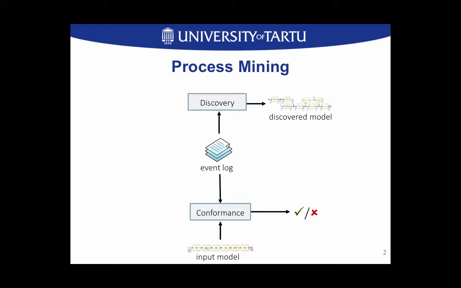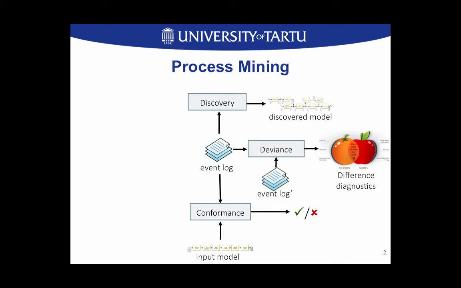Another subfamily of techniques in process mining is what I would call deviance mining. So here I now have 2 event logs. One event log for one variant of the process. That could be how we execute the process in Estonia. And another one is how we execute it in Latvia. Right?